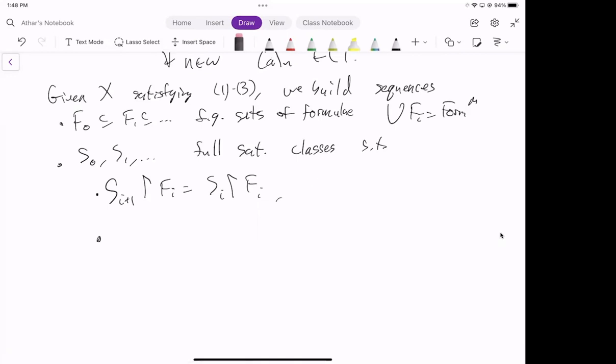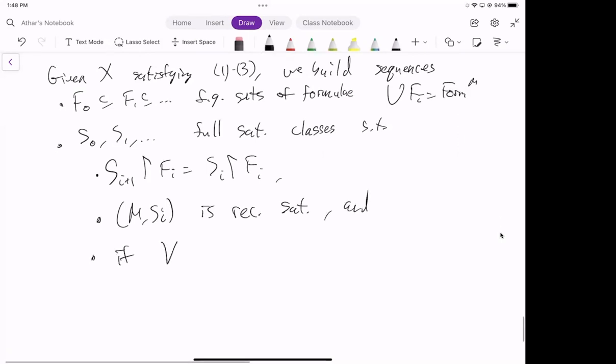There's going to be two more things. Each one is recursively saturated, and if you have a disjunction of 0 equals 1 in the i-th finitely generated set, then S_i will think that this disjunction is true on any assignment alpha.